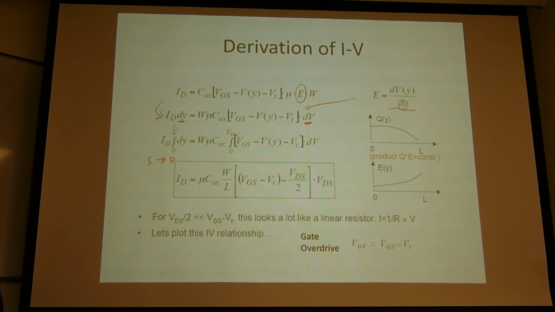The left hand side is with respect to the distance from source to the drain. You know the distance will change from 0 to the channel length L. That is how the distance changes from source to the drain. So you integrate this. And the right hand side is related to the voltage. And you know from the source to the drain, the voltage will change from 0 to VDS.